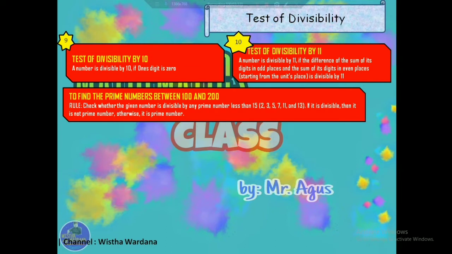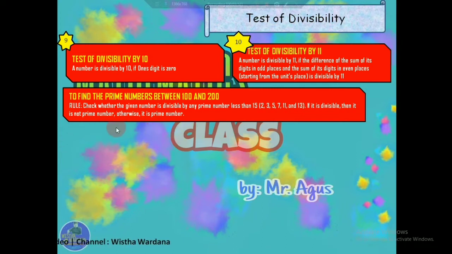I think the test of divisibility is enough, and you can easily know whether a number is prime or not after you understand the test of divisibility.